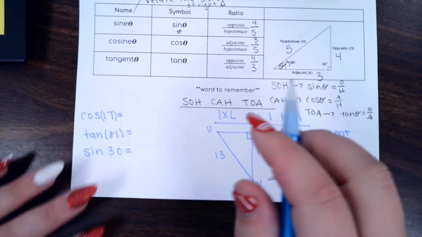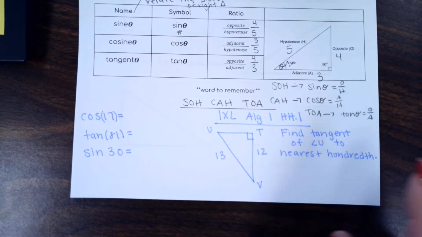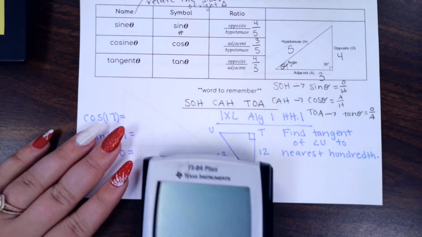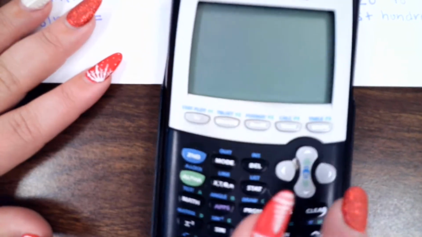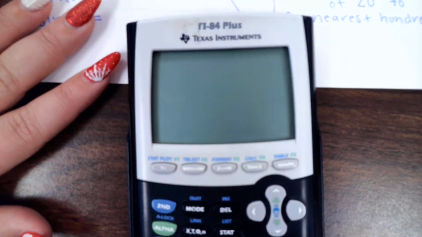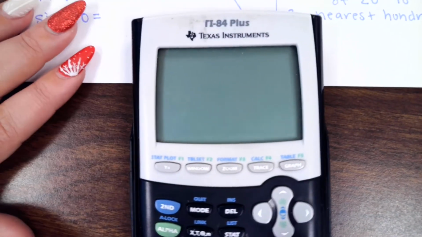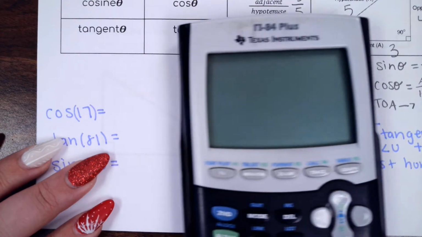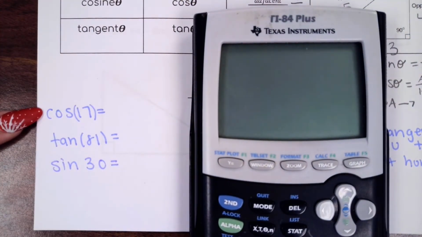Next thing I want to do is show you how to get these in your calculator. So I'm going to bring this down a little bit closer to my calculator. Okay, so the first one that we're going to look at is the cosine of 17.